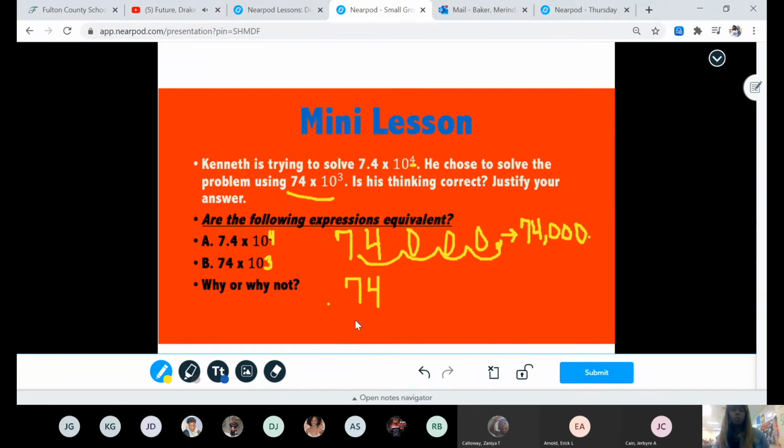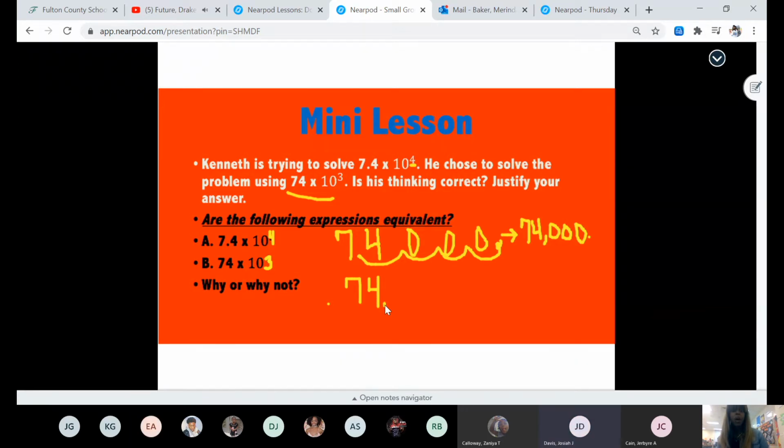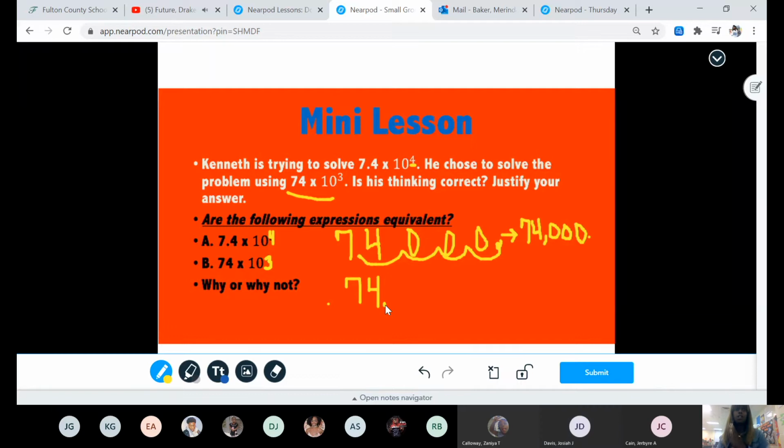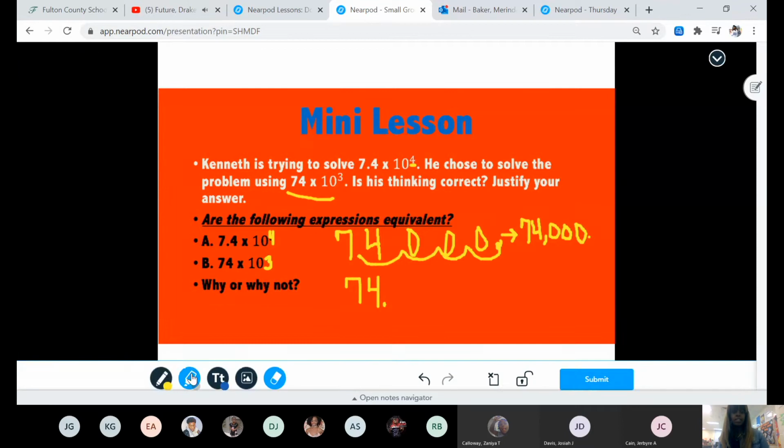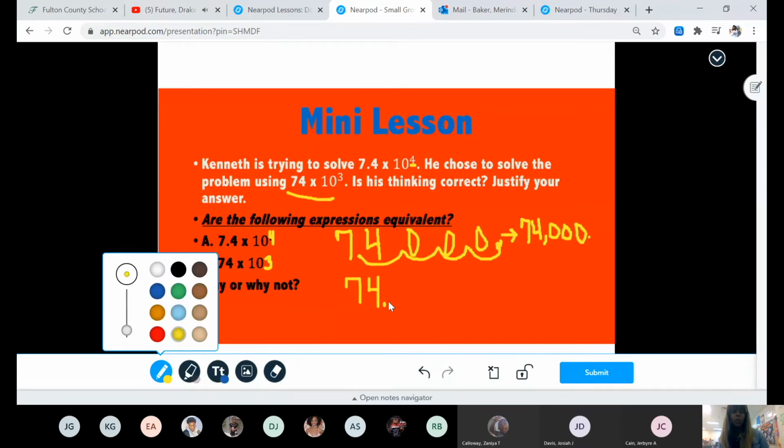No. So since we don't have a decimal, what do we have to do? Make one. We have to place it there. Where am I going to place it? To the right. Yes, I need to put it behind my 4. You always put it wherever your ones place is. Since we see that this 4 is in the ones place, I have to put my decimal right there behind my 4.